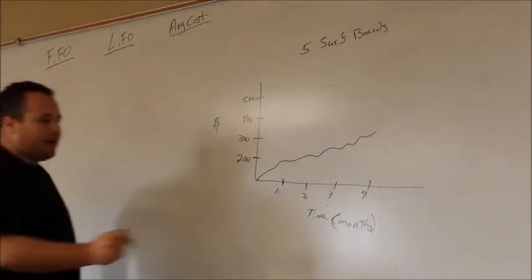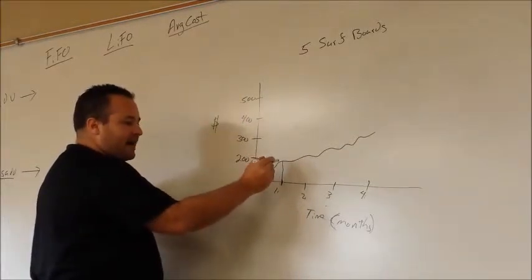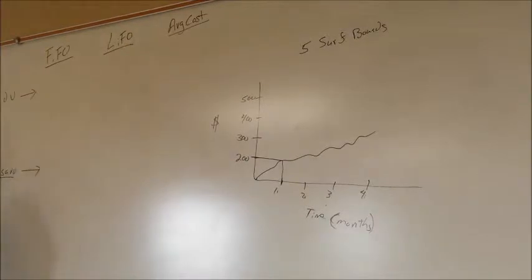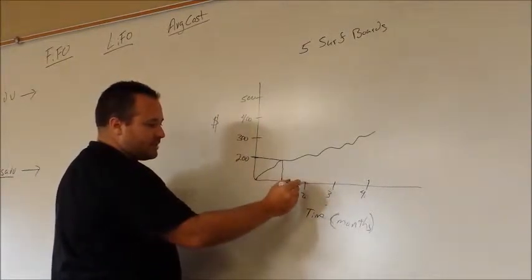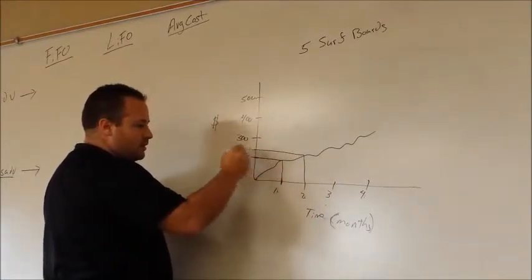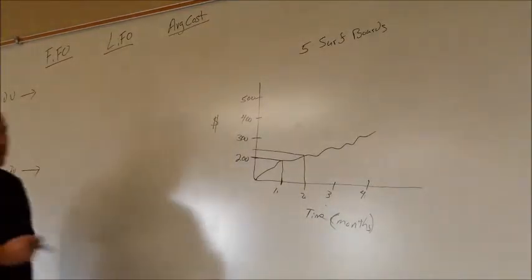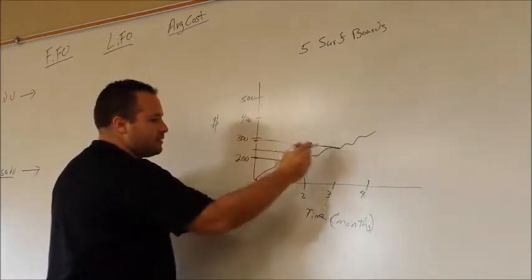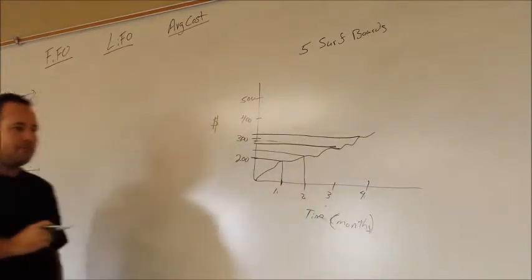Well, in month 1, or year 1, however we want to look at it, if I bought 5 in year 1, it cost me $200. In year 2, that may make more sense. In year 2, it cost me $240. Year 3, it cost me nearly $300. That's not very straight. Year 4, it was up over $300.